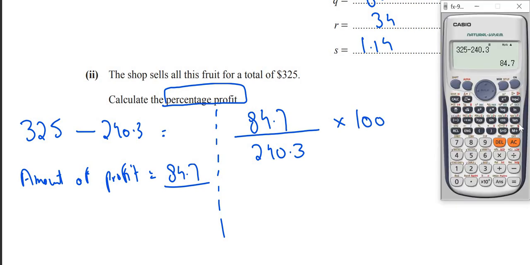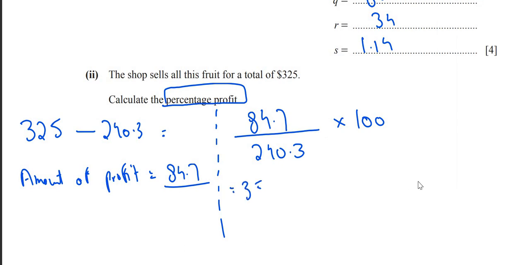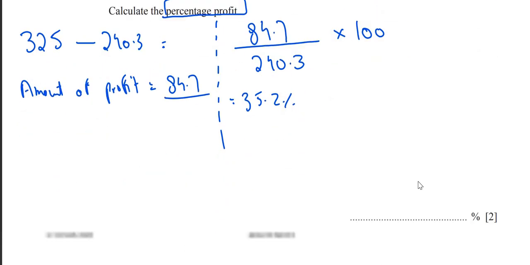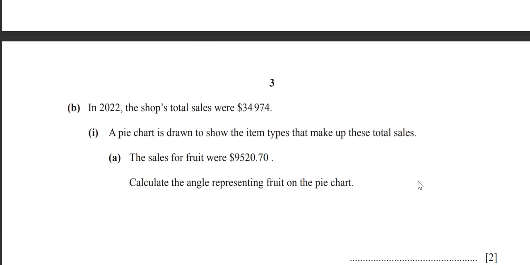So this will become 84.7 upon 240.3, multiplied with 100, you will get 35.247. So you guys can write 35.2%. So easy. So you guys get 2 marks.